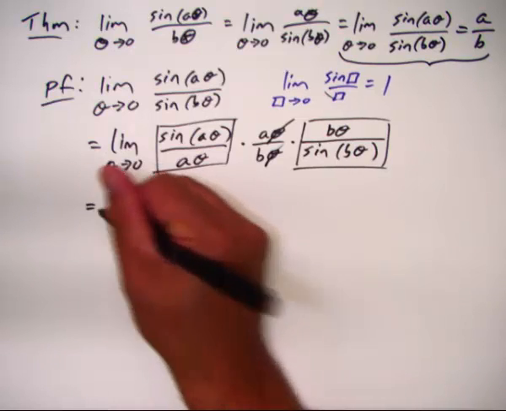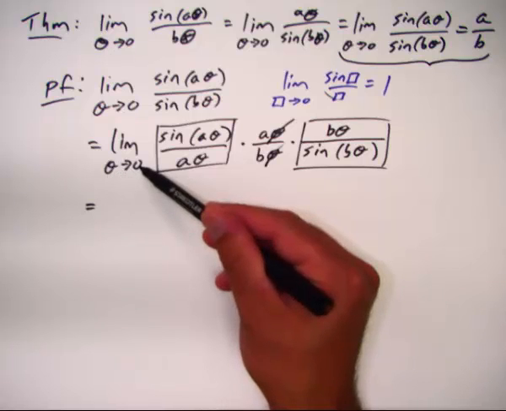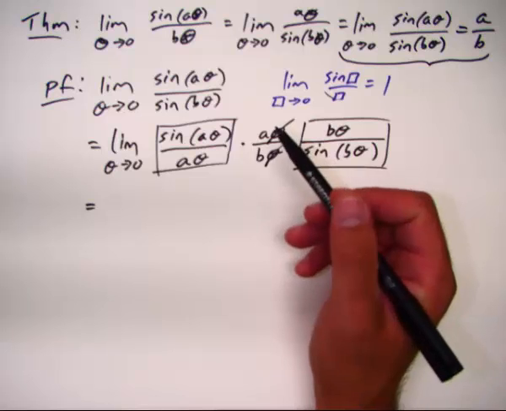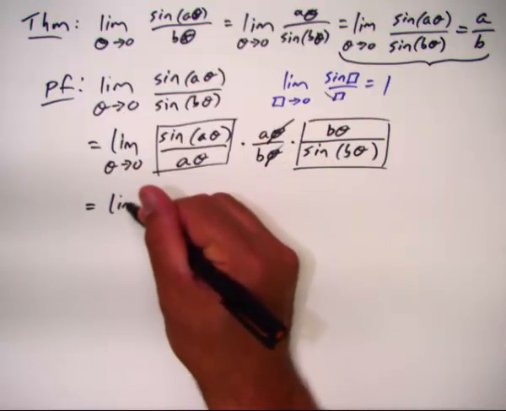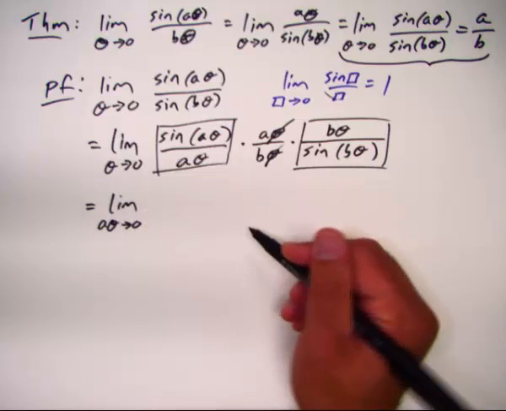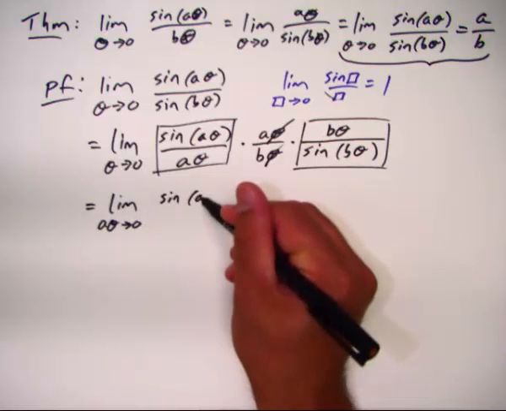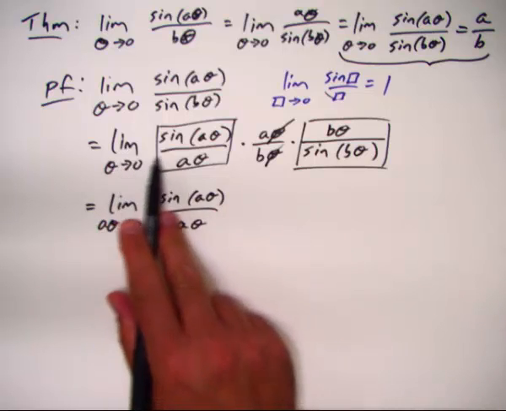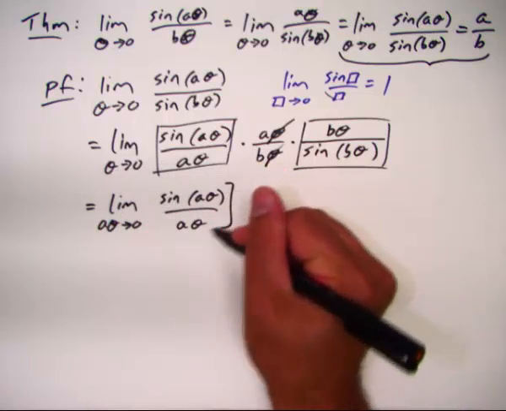And so the first bit, if theta is going to 0, and I multiply theta by a, then a times theta is also going to go to 0. So the limit as a theta goes to 0 of sine of a theta over a theta is equal to what we have over here.